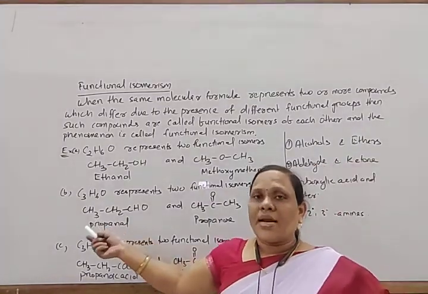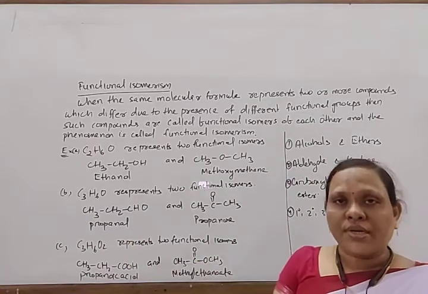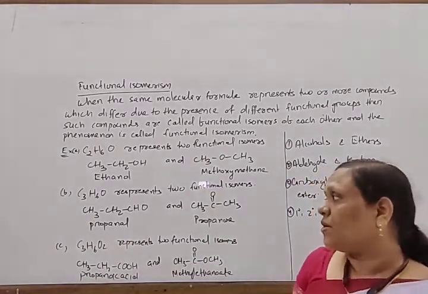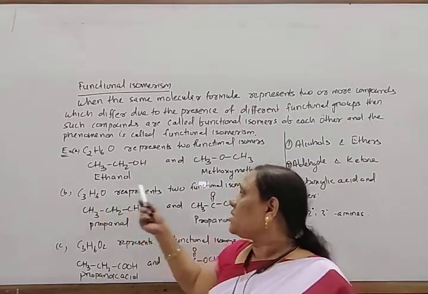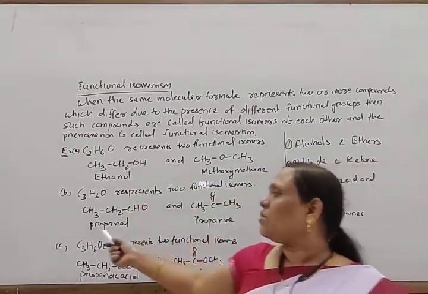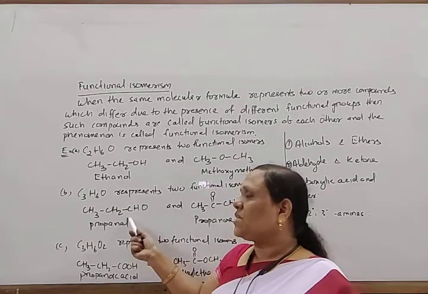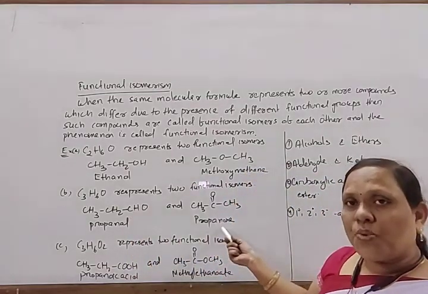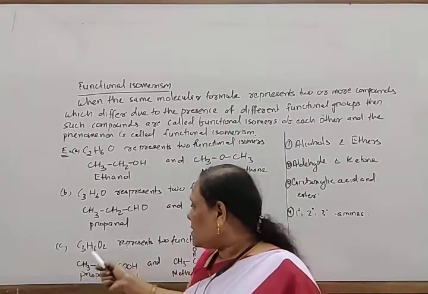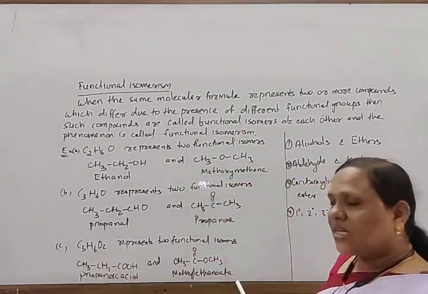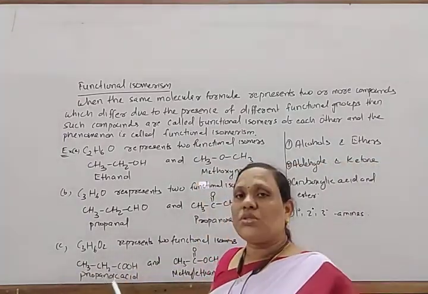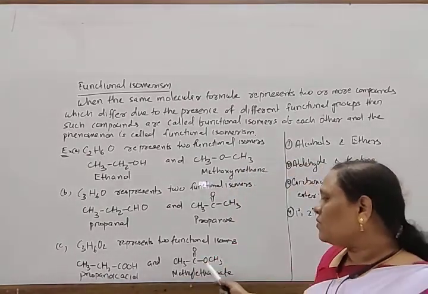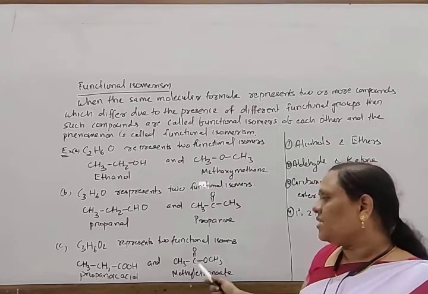Similarly, an aldehyde is a functional isomer of a ketone, but that should contain a minimum of 3 carbon atoms. So C3H6O represents two functional isomers: one is propanal, where the functional group is aldehyde, and the other is propanone, where the functional group is ketone. Similarly, C3H6O2 represents two functional isomers, CH3CH2COOH, propanoic acid, and CH3COOCH3, methyl ethanoate.